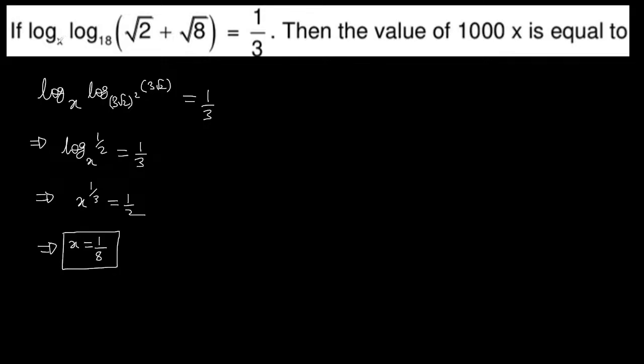The base is satisfied by x equal to 1 by 8. Now we have 1000x, meaning 1000 by 8, which is nothing but 125. Okay, so this is the answer. This is the first step, and this is the second step.